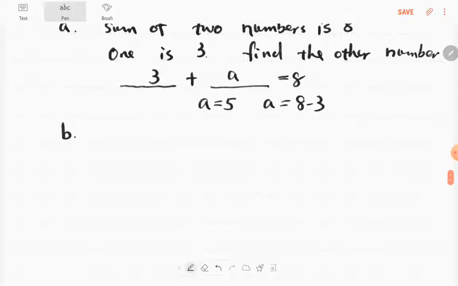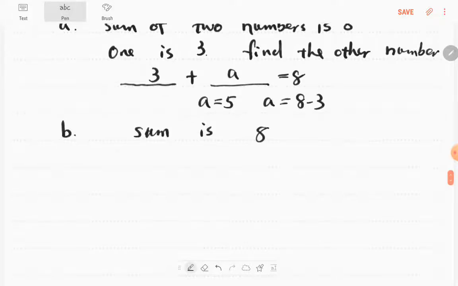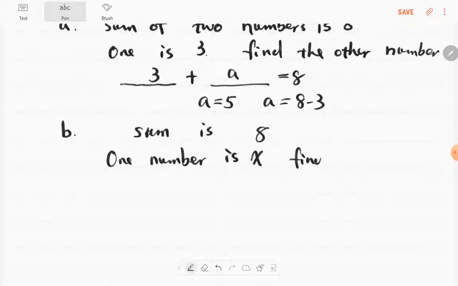Similarly, this time we have the sum of two numbers is 8. And one number is x. We also need to find the other one.